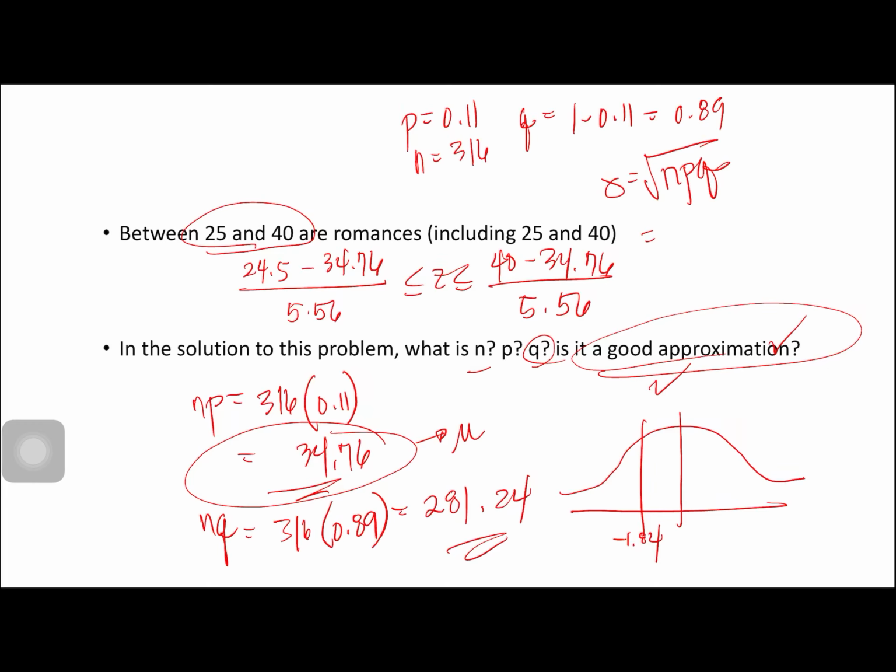Then we have 40.5 minus 34.76 divided by 5.56. We have positive 0.94. So let us get this area. That will be Q of 1.84, that is 0.46712.